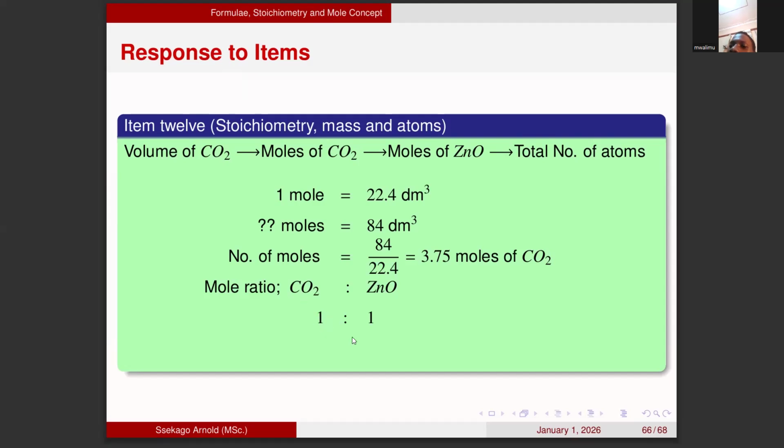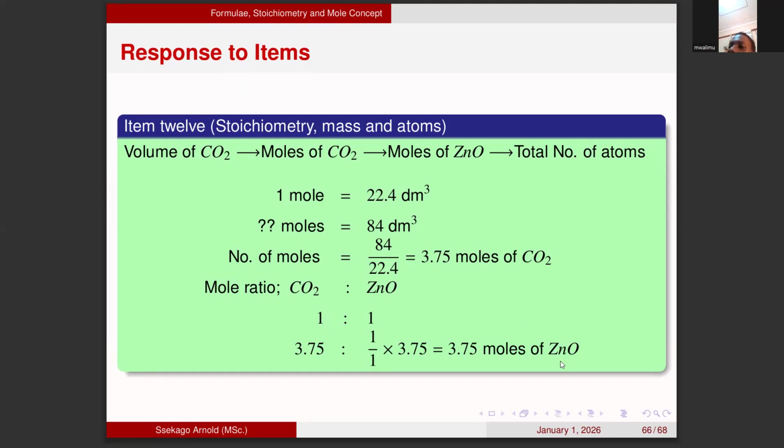There is a silent one on carbon dioxide and a silent one on zinc oxide. So the ratio is 1 to 1, implying that for 3.75 moles of carbon dioxide, we shall have 1 over 1 times 3.75, and still we obtain 3.75 moles of zinc oxide.